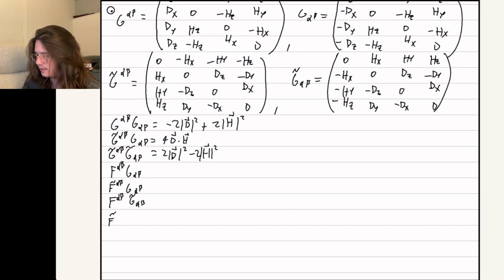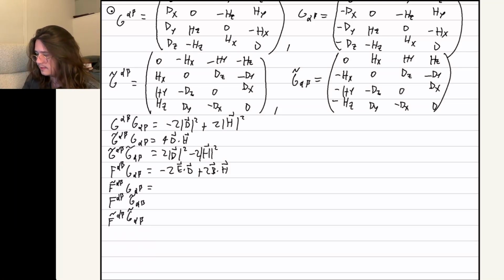But I'm just going to argue symmetry in all their cases anyway. And replace anywhere where an E squared shows up with an E dot D, and anywhere where a B squared shows up with a B dot H. So it's going to be minus 2 E dot D plus 2 B dot H.